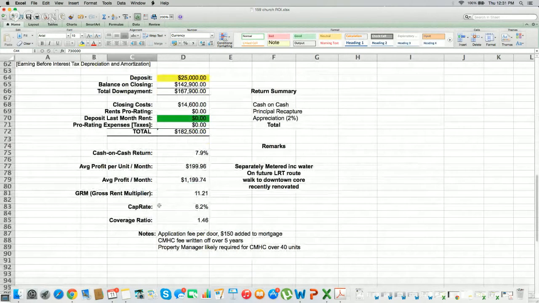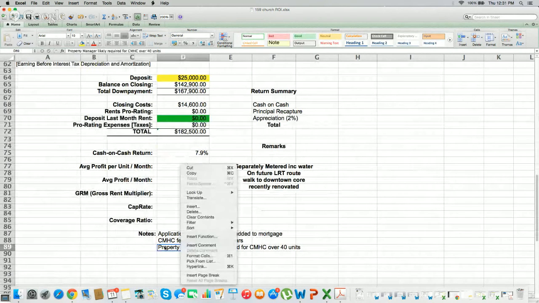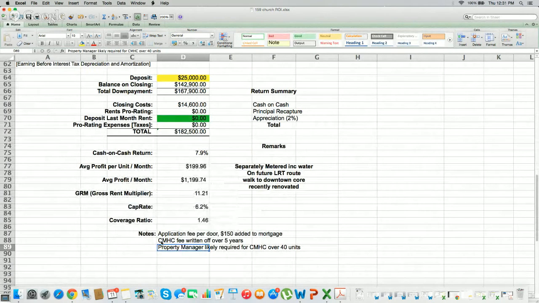Okay. What I want to make clear is that you can't judge a property just by its spreadsheet or just by its cover. We have to evaluate each property on its own, and every single property will present different opportunities, advantages and disadvantages.